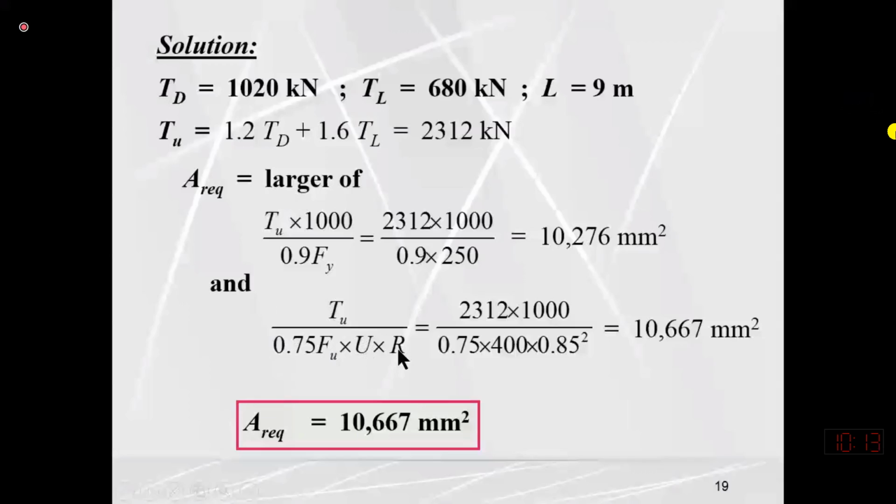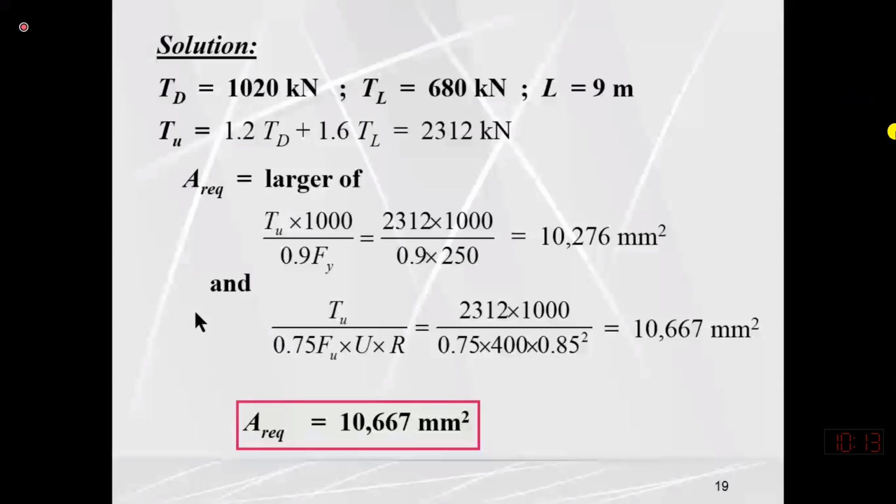So we have to multiply by the factors U and R so that we can determine the gross area required, because we are selecting the section from the section properties table given in the AISC manual or in our LRFD design aid.